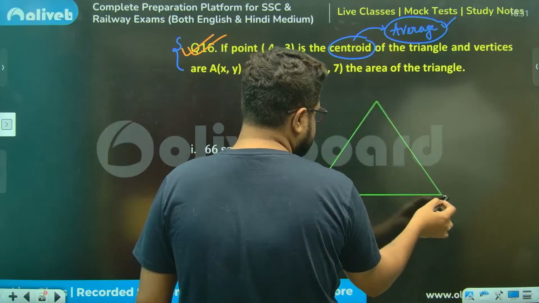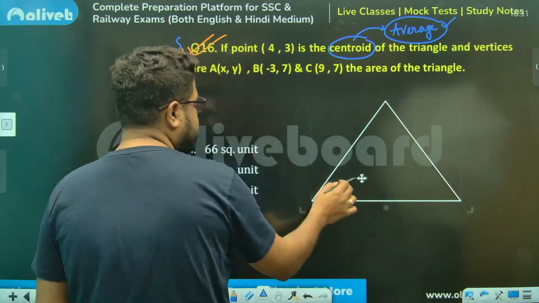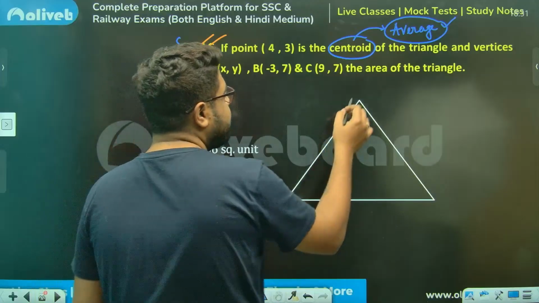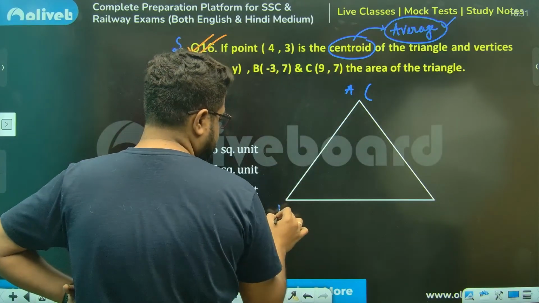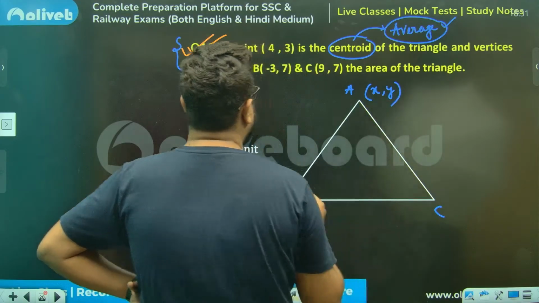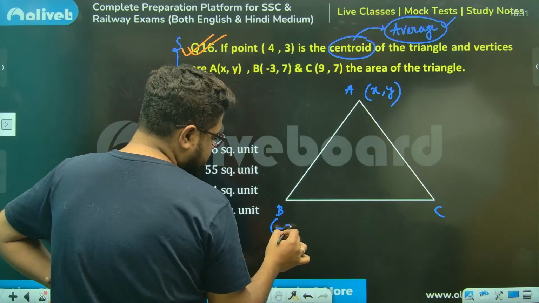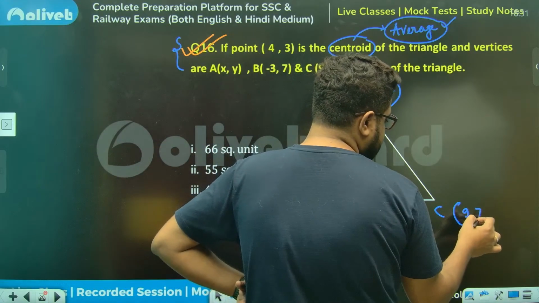Let's say there is a triangle with vertices A, B, C. This is given as (x, y), this is given as (-3, 7), and this is given as (9, 7).